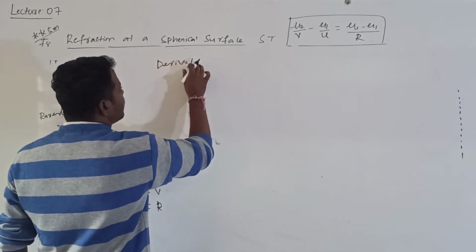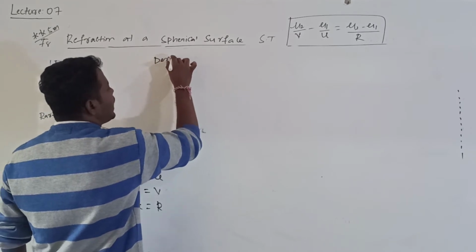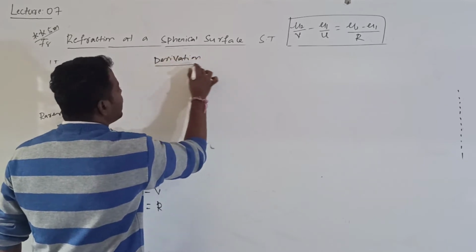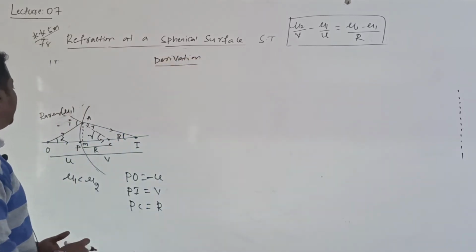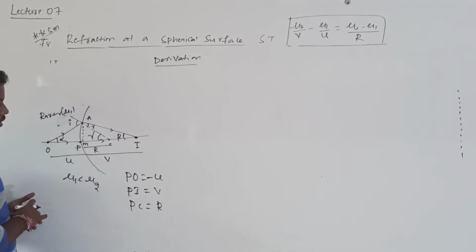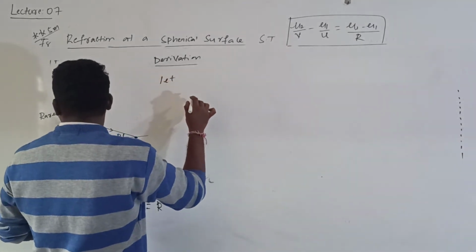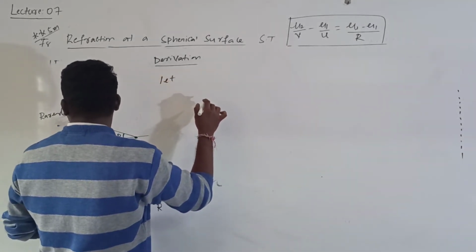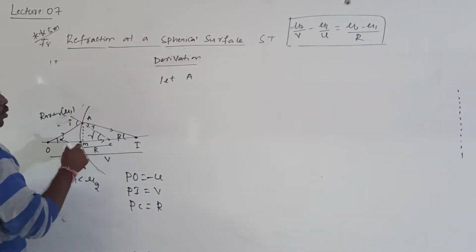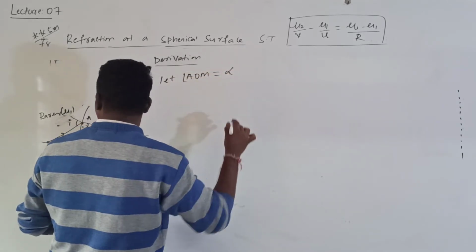So it is the derivation, not deviation. The theory part is completed now. For deriving that, what assumptions did I make? This alpha, beta, gamma can be seen clearly now. If I consider the triangle AOM, angle AOM is equal to alpha.